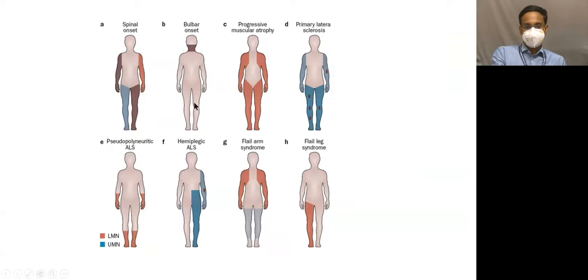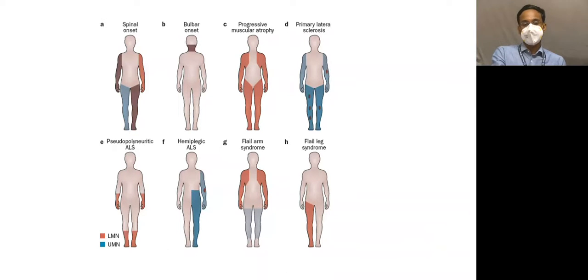And then the lesser common variants are progressive muscular atrophy. These are the symmetrical variants which we were discussing, where they have predominantly LMN dysfunction, and it remains as a lower motor neuron dysfunction for a very long time. The next one is primary lateral sclerosis, again symmetric and with upper motor neuron involvement.